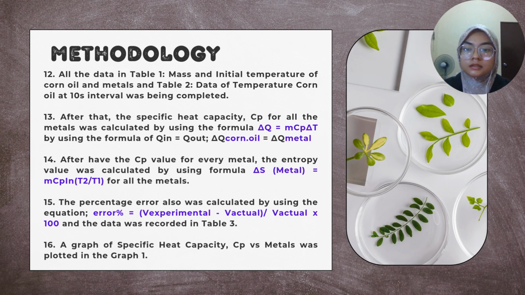We calculated this entropy value for all the metals, and then the percentage error was also calculated by using the equation percentage error equals V experimental minus V actual divided by V actual times 100, and the data was recorded in table 3. Last but not least, a graph of specific heat capacity Cp versus the metals was plotted in graph 1.